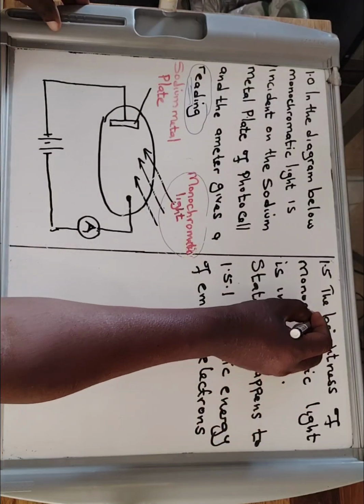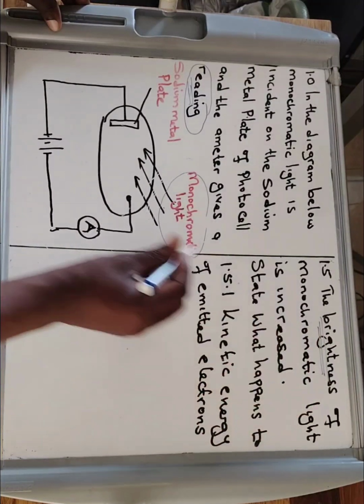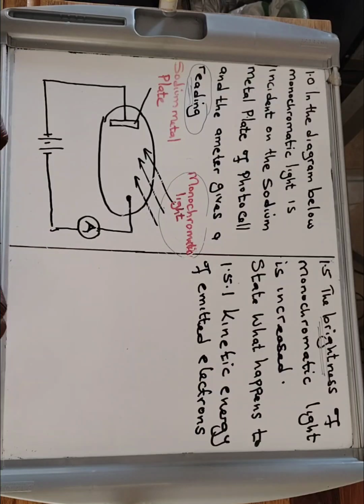What actually represents brightness? It is the intensity. So brightness and intensity can be used interchangeably. So what is being increased here is intensity.